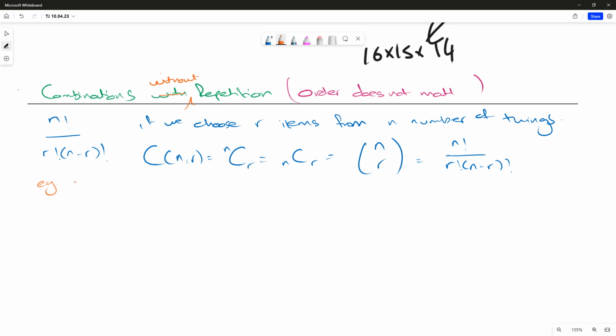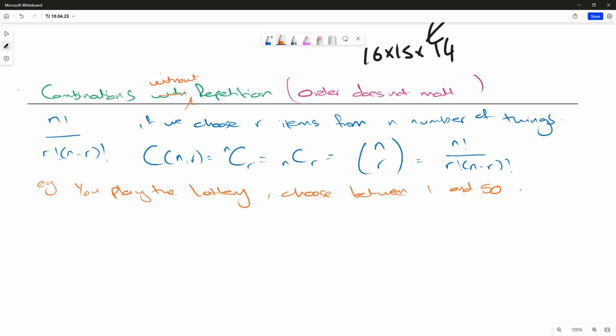An example would be, let's say you want to play the lottery, and you can choose numbers between 1 and 50 to determine the winning numbers.